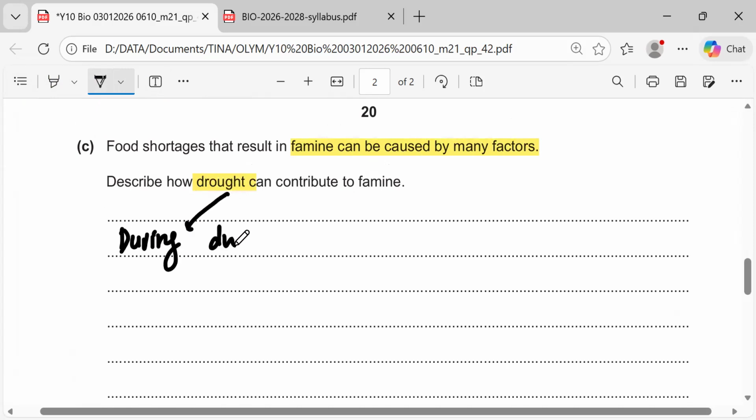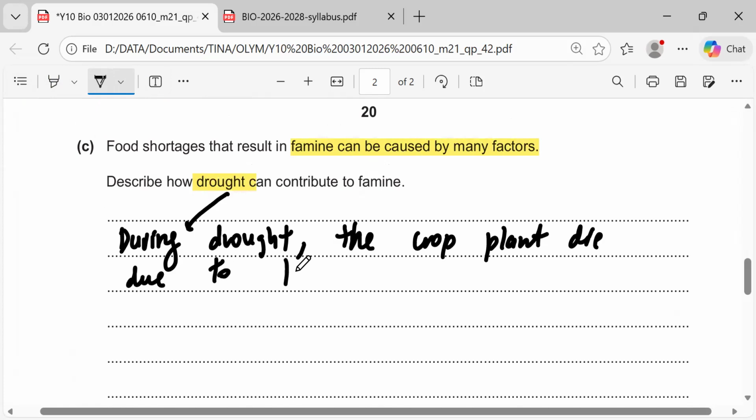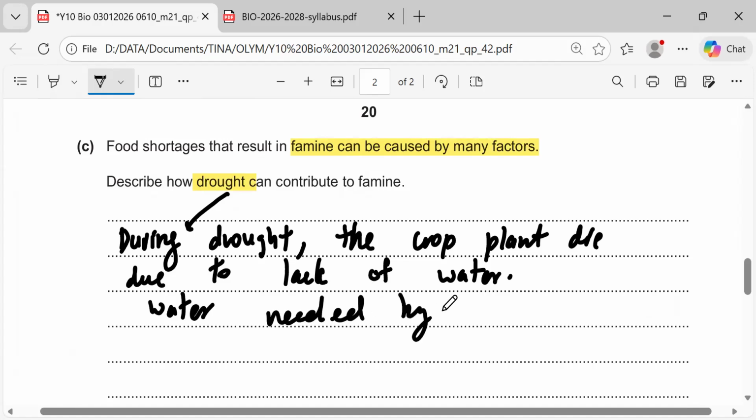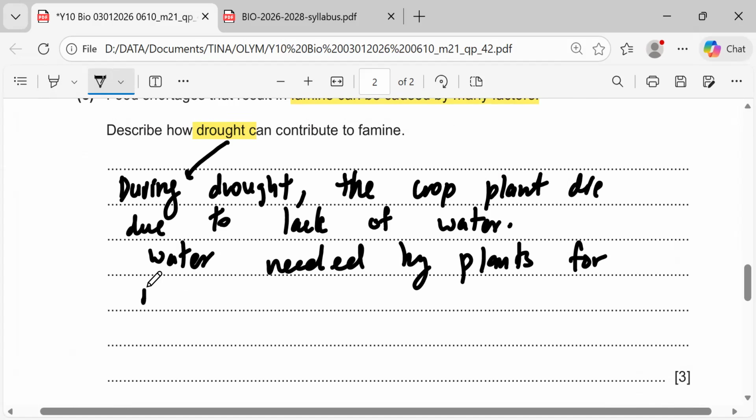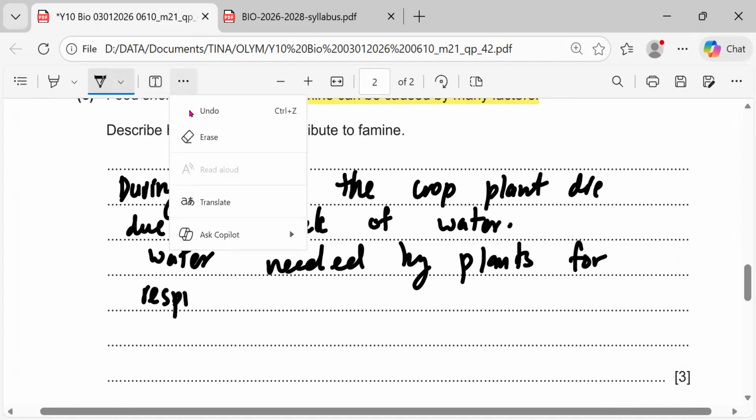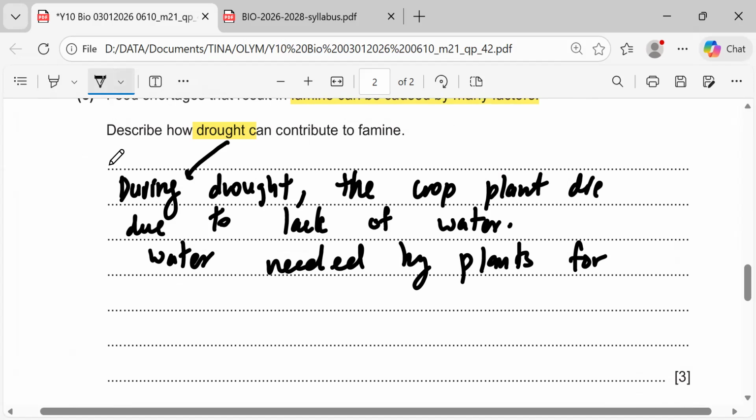During drought, the crop plants die due to lack of water. Water is needed by plants for what? Why is water needed by plants? For photosynthesis. No, not the same thing.